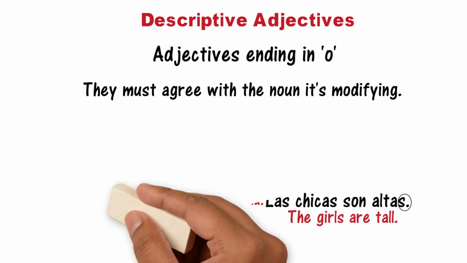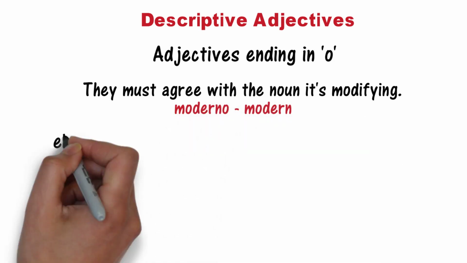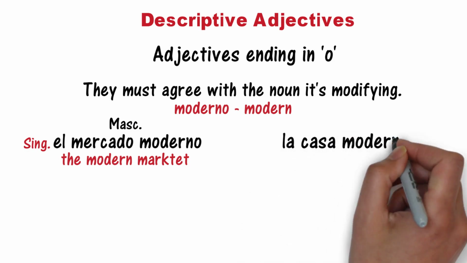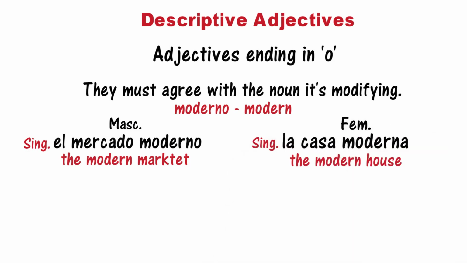Let's try another example. We have el mercado moderno, la casa moderna. Let's look at this carefully. Our adjective here is moderno. The first phrase says el mercado moderno, the modern market. The second phrase says la casa moderna, the modern house.